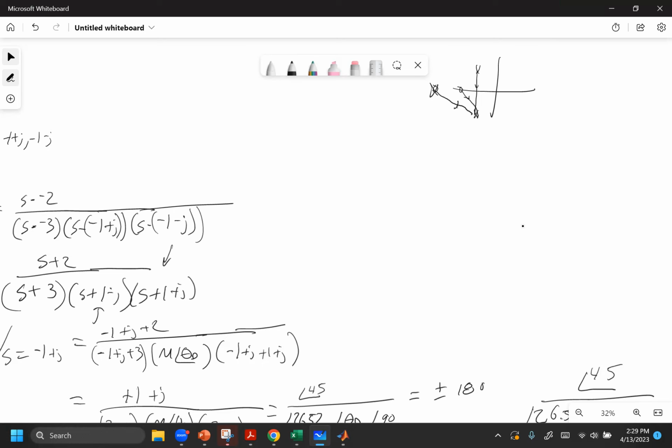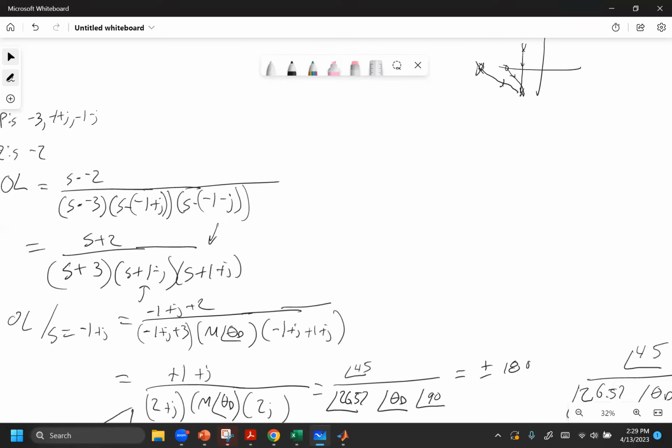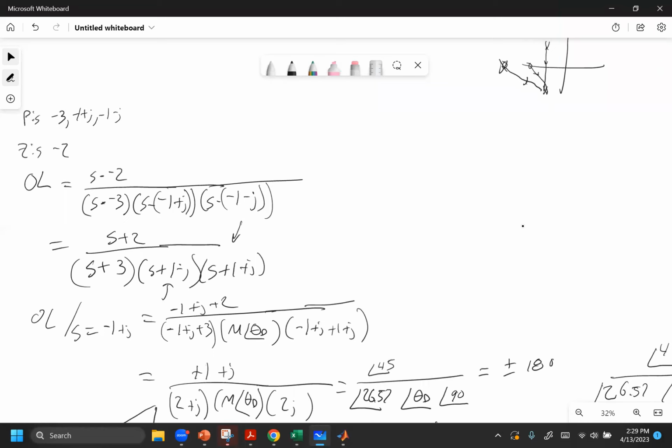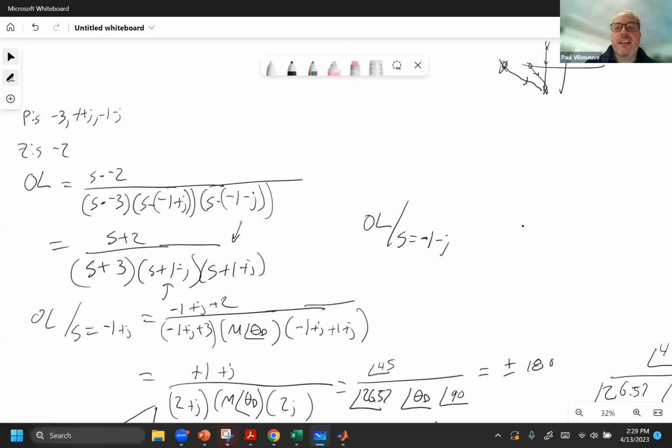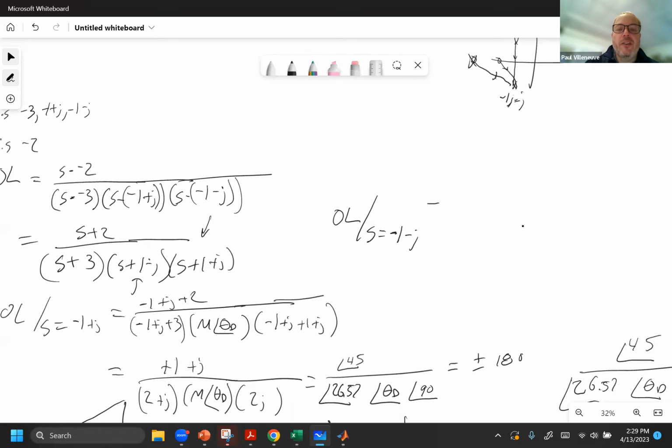1 plus j. Close. You need to do the transfer function at s equals -1 minus j, right? This is the point you're trying to get to. So you do that by plugging in -1 minus j plus 2 over -1 minus j plus 3.